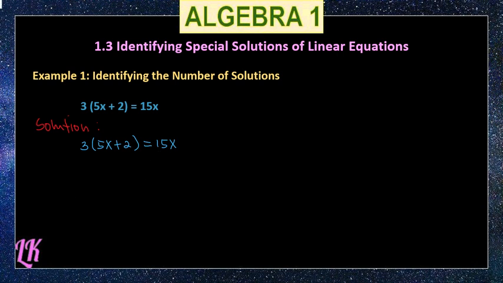Let us use the distributive property. 3 times 5x is 15x. 3 times 2 is positive 6. We do not change the right side of the equation.